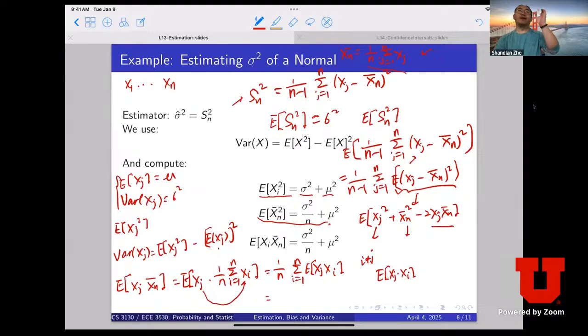Yeah, almost there. I'm just talking about this term. What is the expectation of xj times xi, where j and i are not equal?